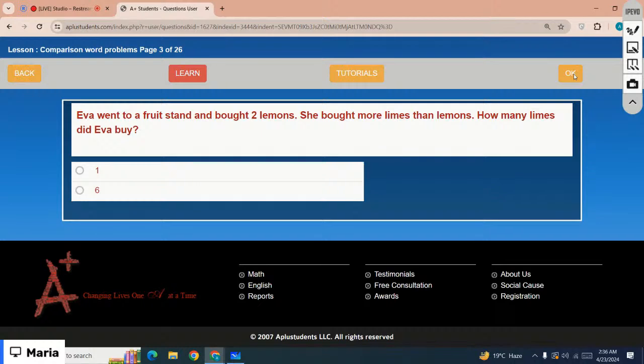Two lemons, right? Then they have more limes. Yes, then obviously they have six limes because six is more than two.